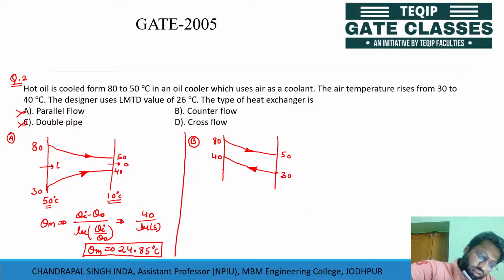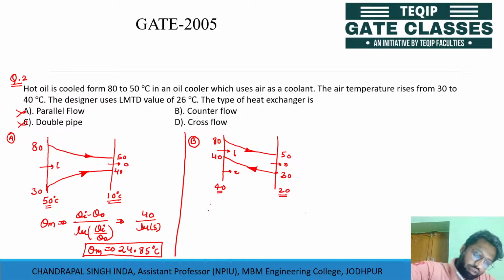So this is the direction of the flow, that is the inlet, and it will be the outlet. At the inlet the temperature difference is 40, and at the outlet the temperature difference is 20.